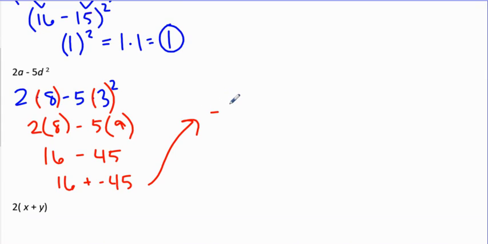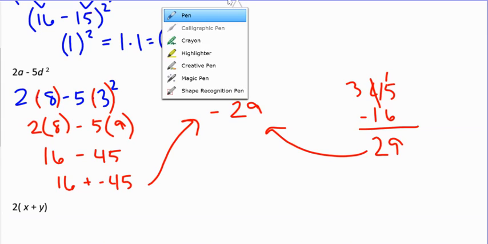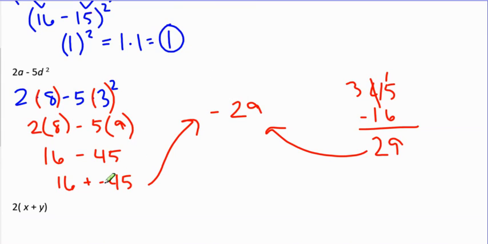And how many more do I have would be 29. Okay? And if that's not obvious to you, over on the side here, you can just do 45 minus 16. Subtract those quick, and we get our 29, right? And then just remember to include the sign, right? Because we have more negatives here, our answer is going to be negative.